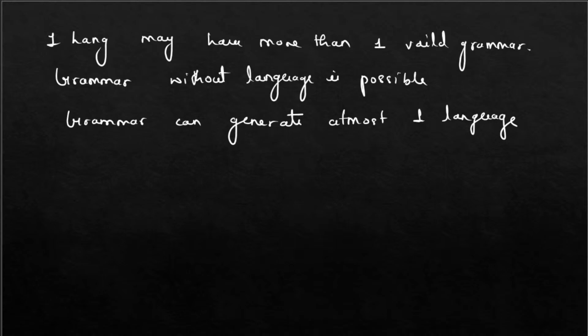Now, how does the grammar look? It's like this: G is equal to (V, T, S, P), a 4-tuple.